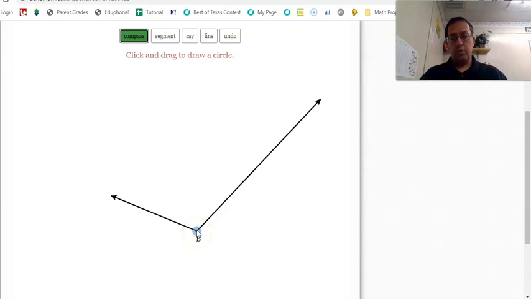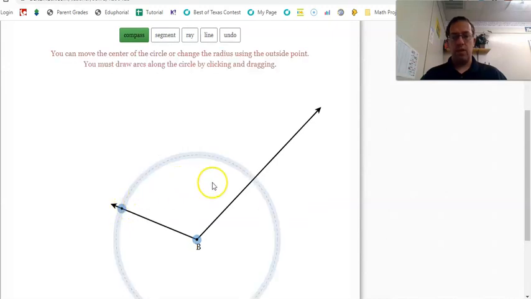We're going to put our center at the vertex, and then we're going to set the radius out here somewhere. All right, just don't go past it because then we don't know where exactly we're going to be. So make sure that the radius will intersect both sides of the angle. And we're going to make an arc. Now actually all we really need is an arc here and an arc there.